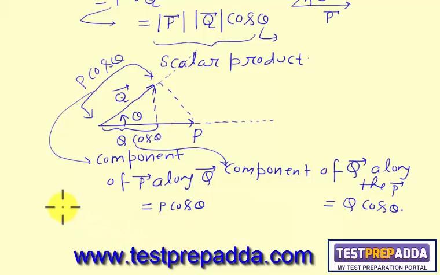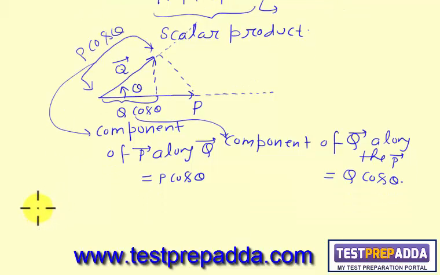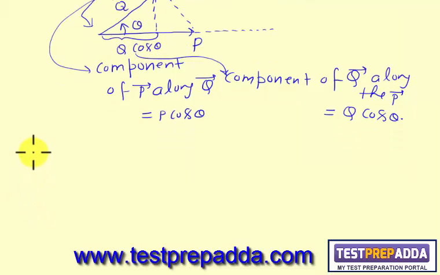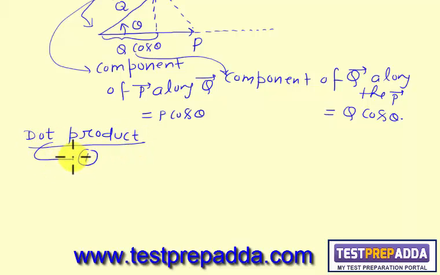So from this we can say the dot product of two vectors is actually the product of two quantities.